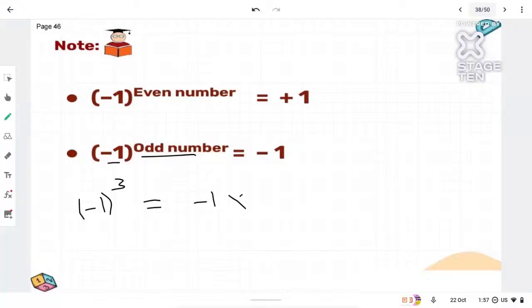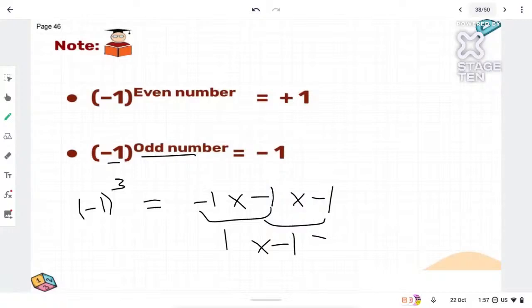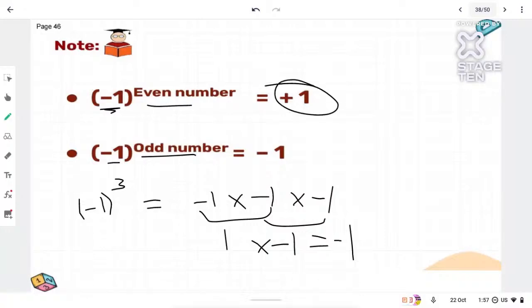Why? Minus 1 into minus 1 into minus 1. This becomes positive 1, this becomes negative 1, so the answer is negative. So whenever you have a negative number in the base, and the power is even, the answer will be positive. Clear? But if the base is negative and the power is an odd number, I will get a negative answer.